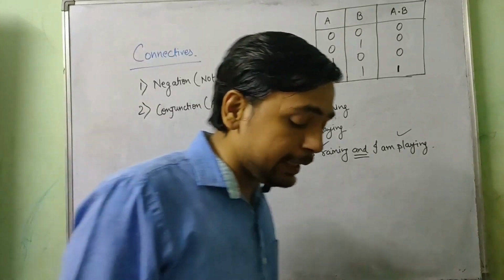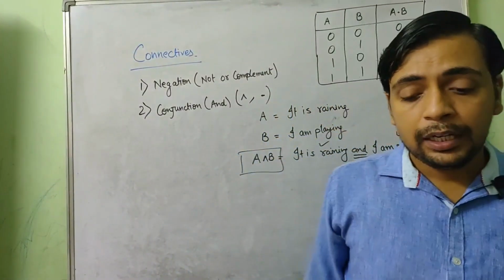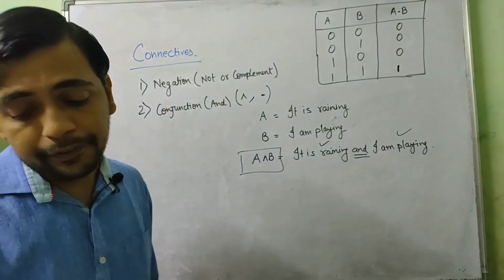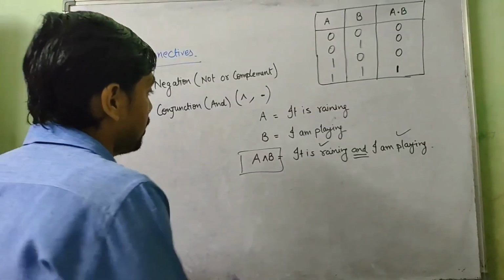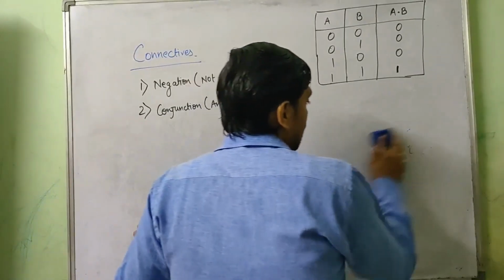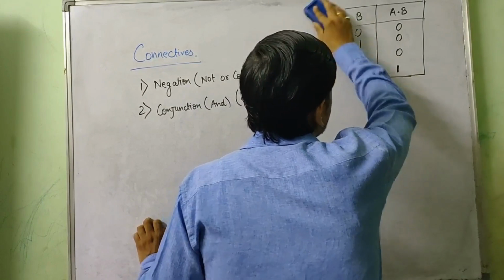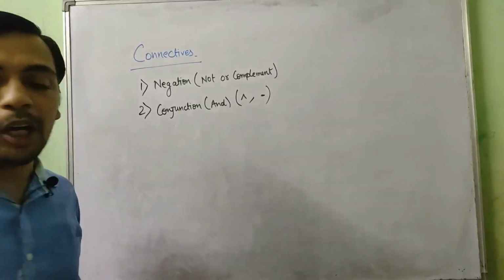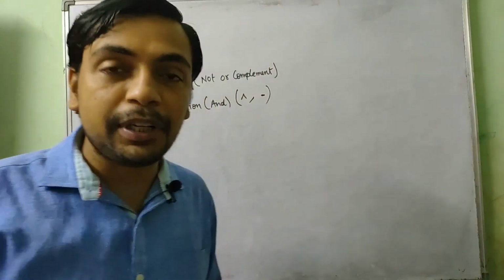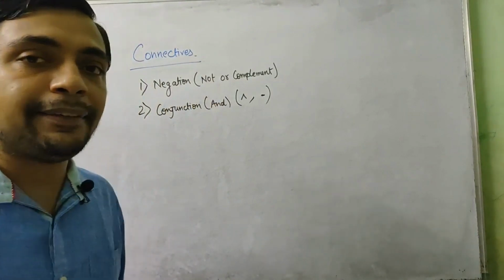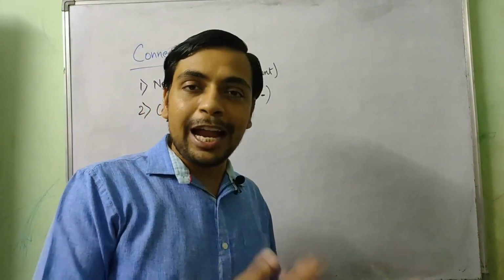So this was the second connective that we were going to study. Now let's move on to the next connective, that is disjunction. Disjunction is just the opposite of conjunction. If you remember the logical operators of programming, then AND, OR and NOT are actually related to conjunction, disjunction and negation.